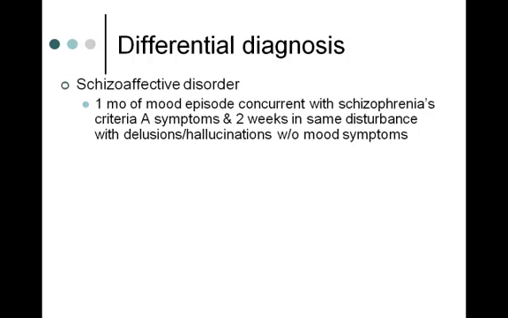So you've got to have the criterion A schizophrenia with mood, and then also without mood, where you're no longer depressed, no longer manic, but still having hallucinations and delusions. So it's really this combination of, it's like a mood disorder and schizophrenia merged together. Which again, in schizophrenia in general, it's pretty common to have some mood symptoms there.